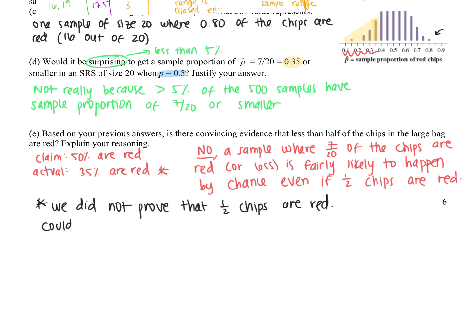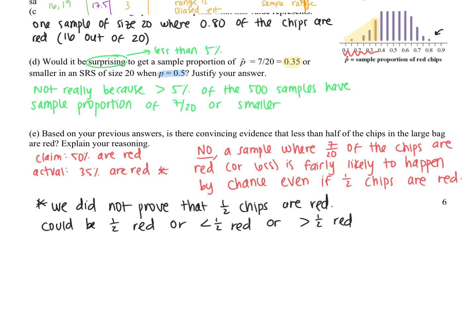Could be that half are red, or less than half are red, or more than half are red. We proved nothing. So we've proved nothing at all.